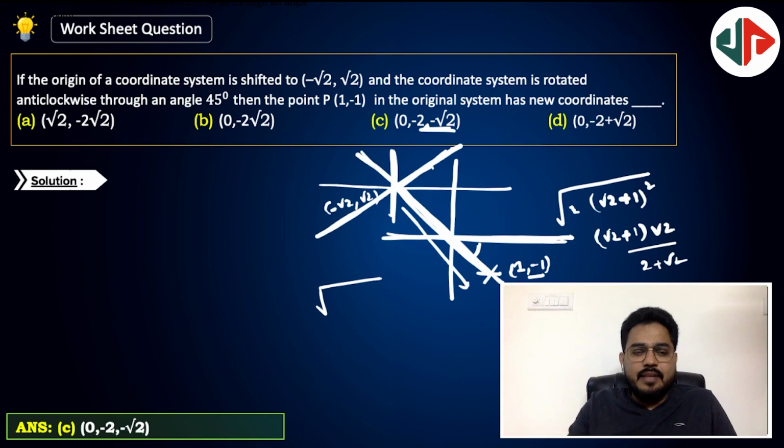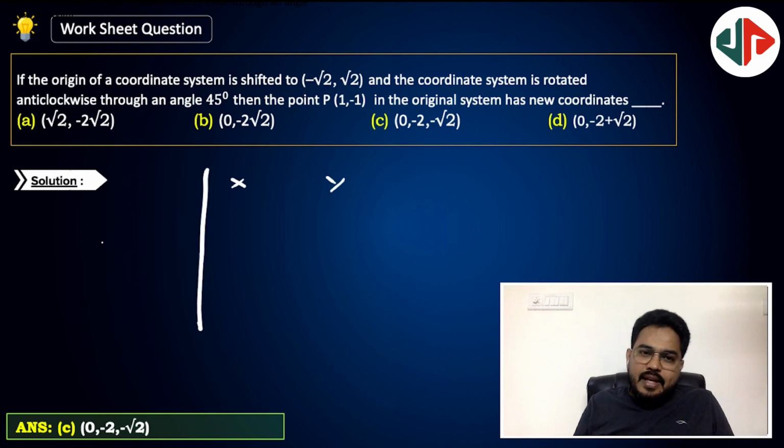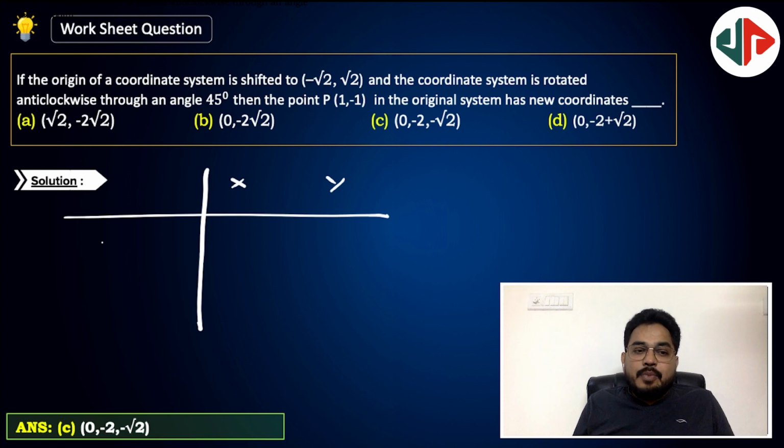I'll explain here, because I am not discussing any formula here. Yes, the formula is there. What is that? Original coordinates x comma y are there, and the new ones are small x minus h, small y minus k.